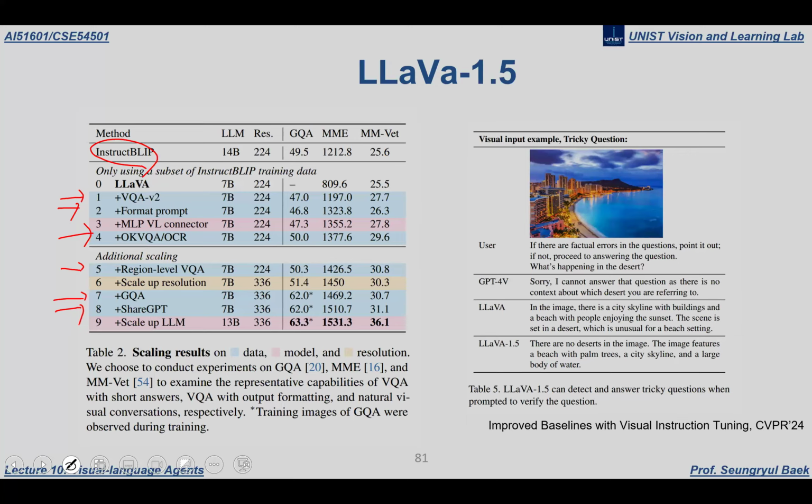And also on the model side, they are scaling up the resolutions and also providing some improvements, thereby achieving better performance compared to the original LLaVAs. Even compared to GPT-4, for some tricky examples, LLaVA is properly providing the result.